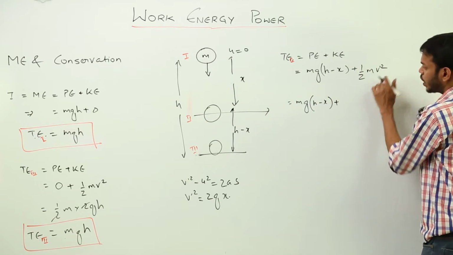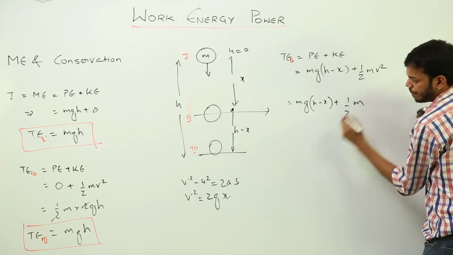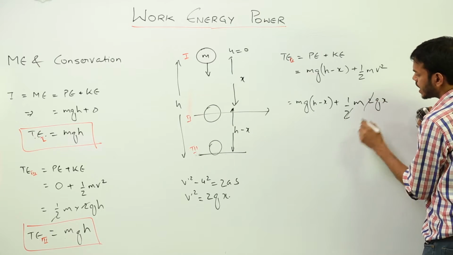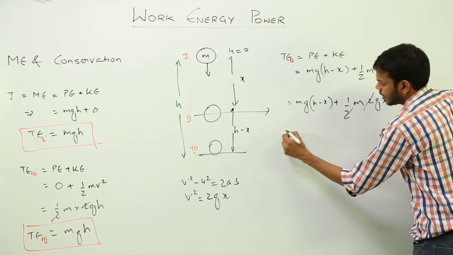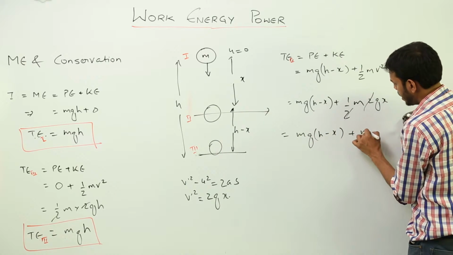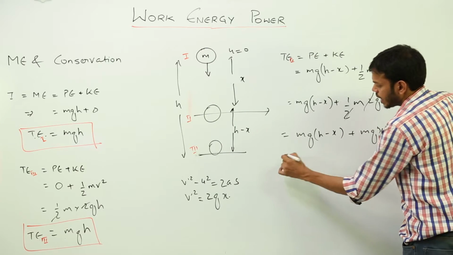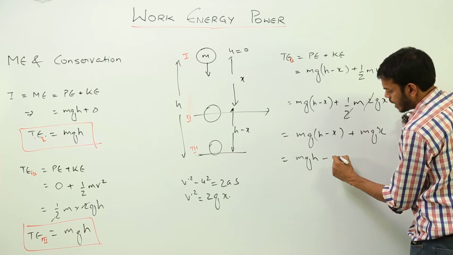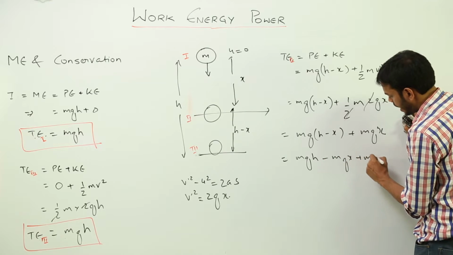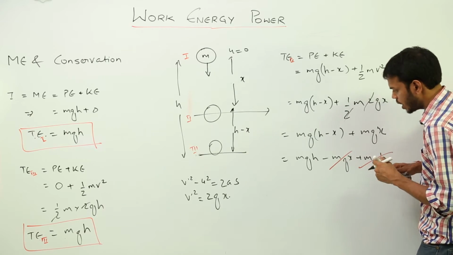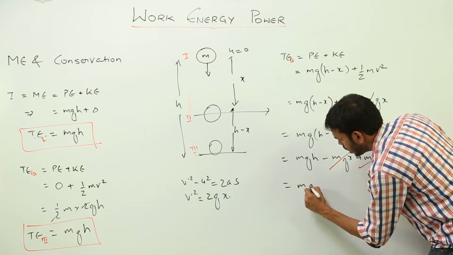Putting this value in, I get half m into 2gx, so the 2 cancels out and I am left with mgx. So here we have mg(h minus x) plus mgx. Opening the bracket, I get mgh minus mgx plus mgx. These two terms cancel out and I am left with mgh only.